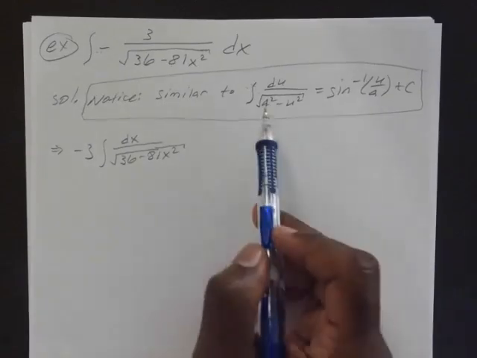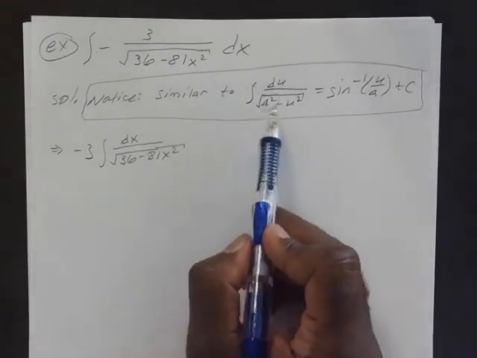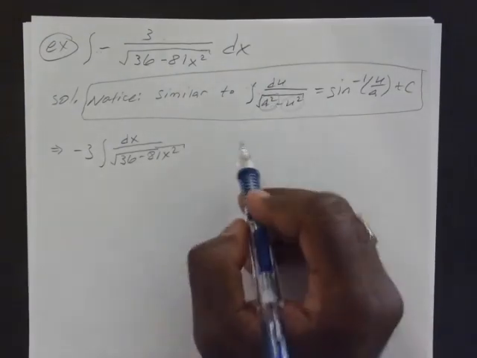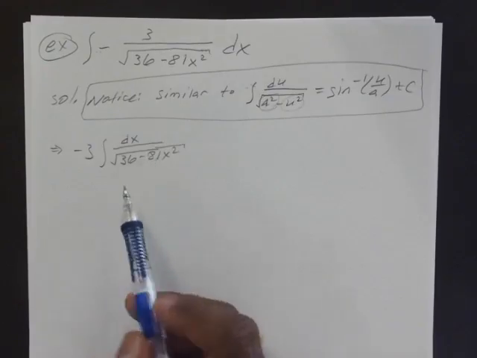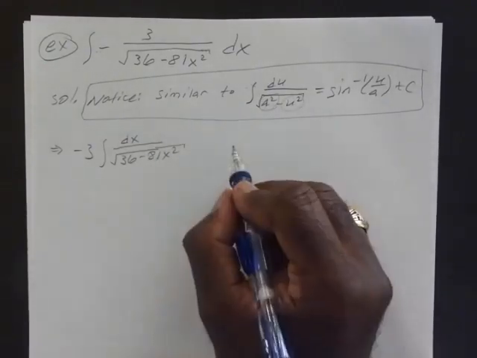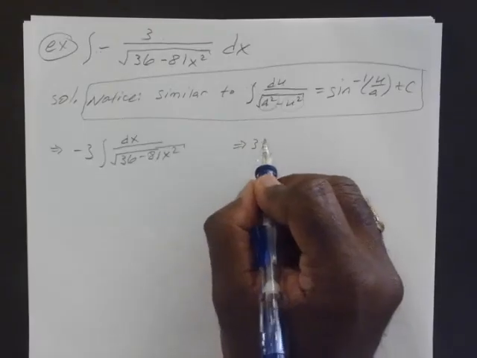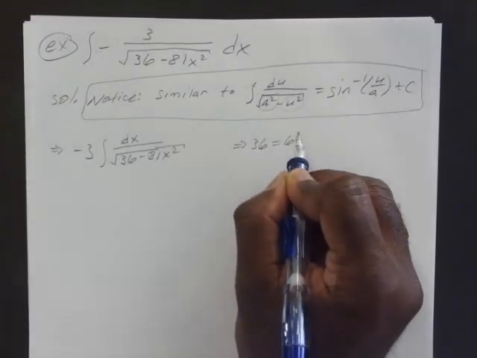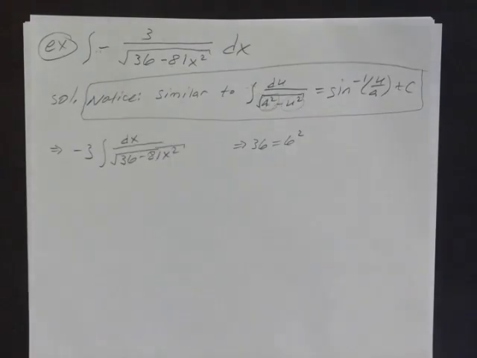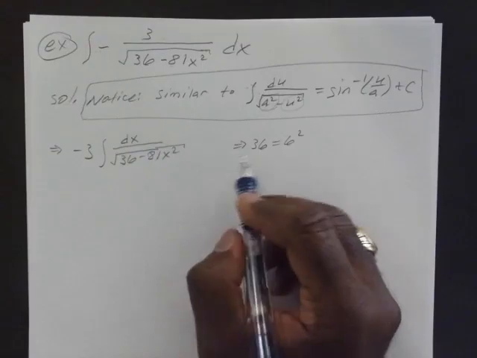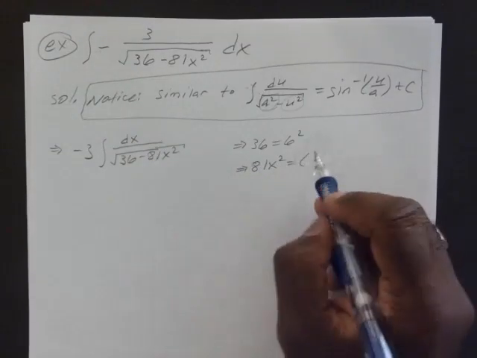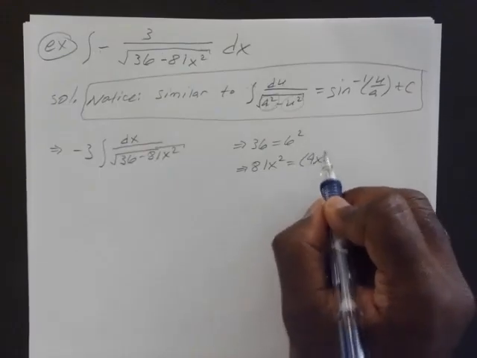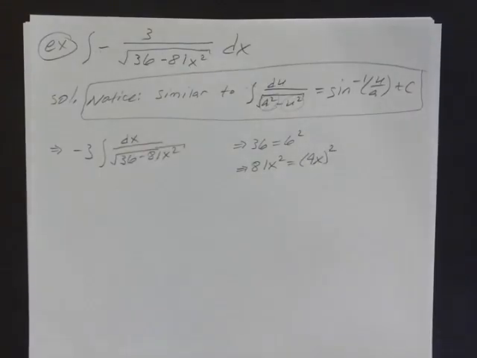Okay, well, if you notice in our formula, you have a squared minus u squared. So we have to rewrite both of those terms as some value or some function squared. So we can just make 36 equal to 6 squared. And that 81x squared, we can just rewrite as 9x squared.